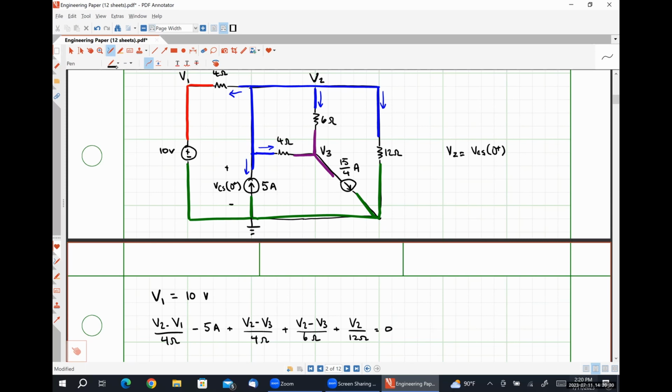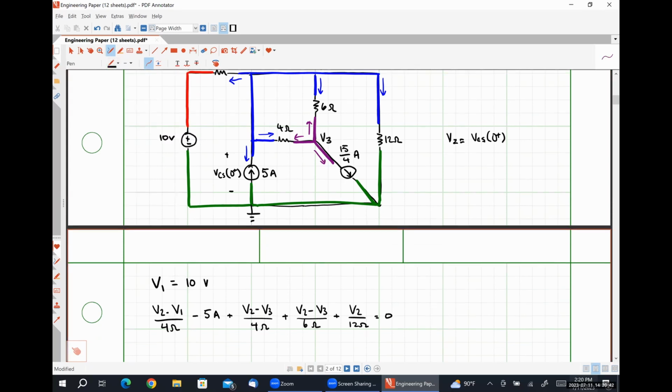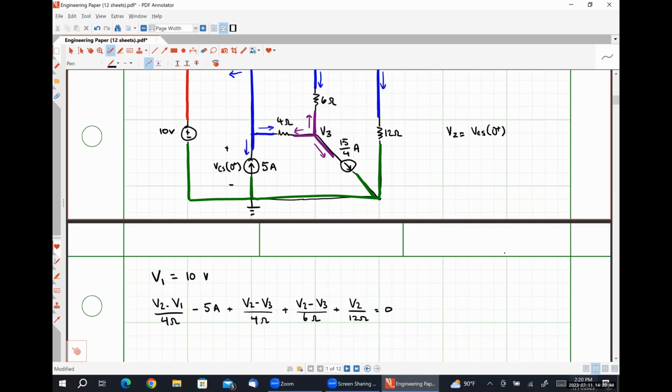Now I'm going to write a KCL equation at node 3. So that is going to be this current up, this current to the left, and this current diagonally down and to the right. So the current flowing to the left through the central 4 ohm resistor is going to look like V3 minus V2 over 4 ohms.